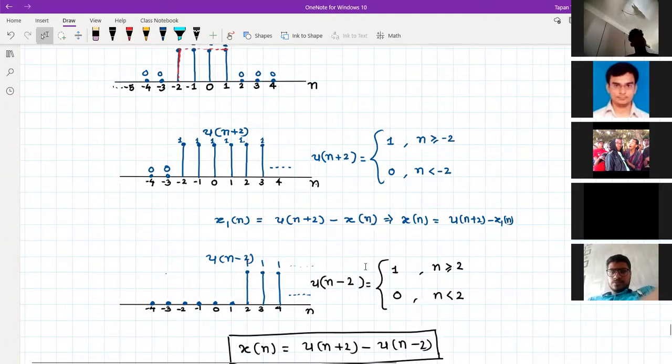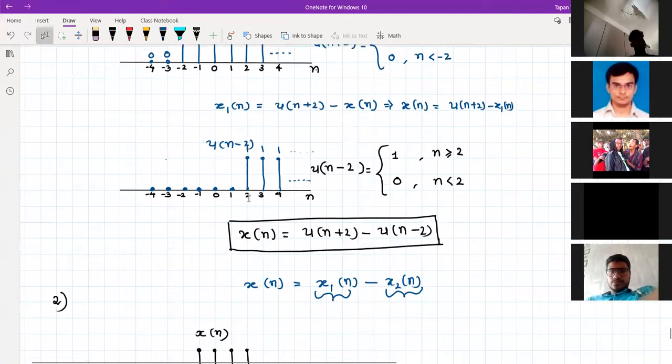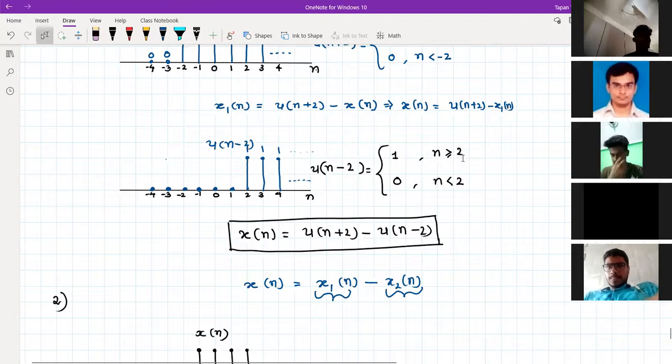And that will continue. Now, which function is this? So the function starts at 2, goes up to infinity, and it is 1 for all these values. So for n greater than or equal to 2, it is 1.